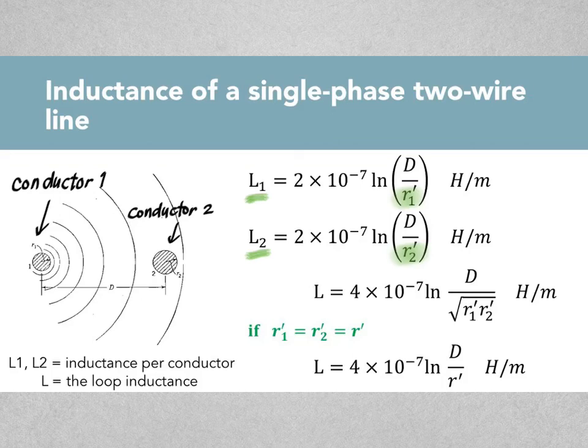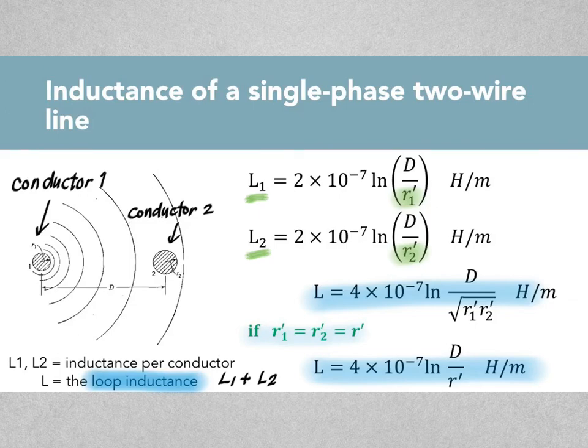By simply adding L1 and L2 will give us 4 times 10 to the negative 7 ln of D all over the square root of R1 prime R2 prime, Henry per meter. Now, if those two conductors have the same diameter or radius, simply your inductance is now 4 times 10 to the negative 7 ln of D over R prime.